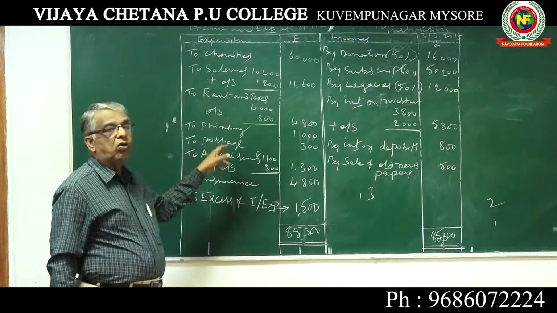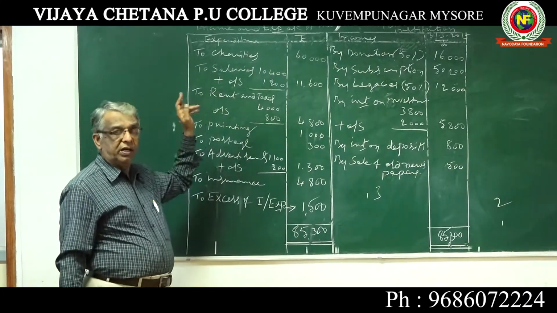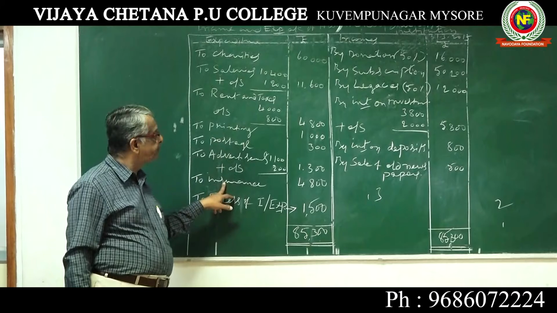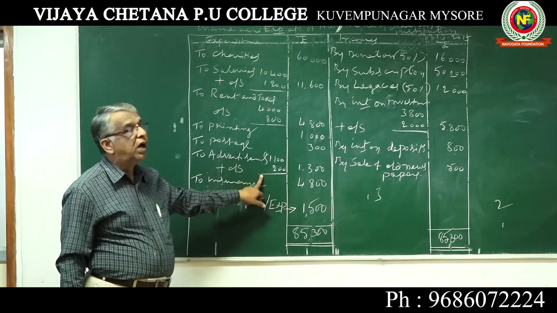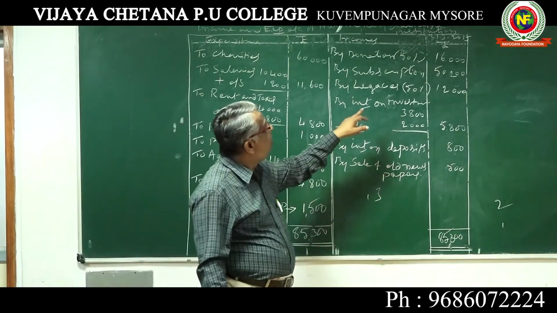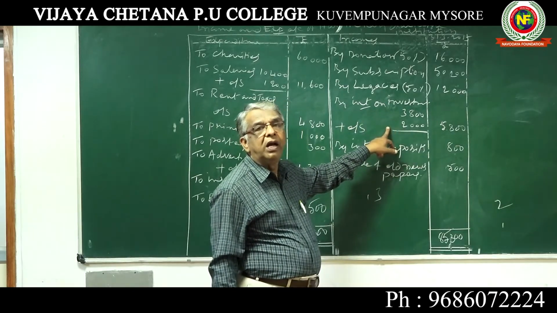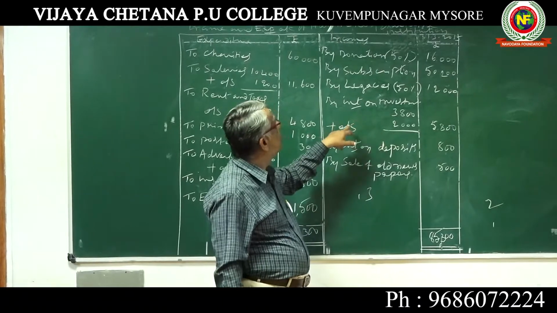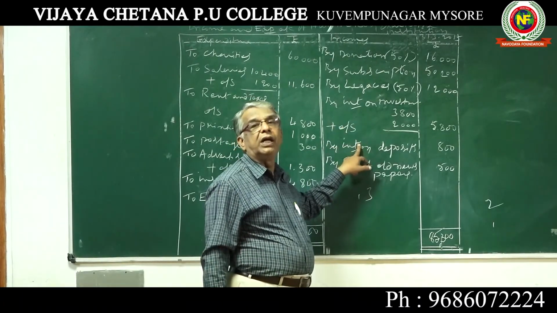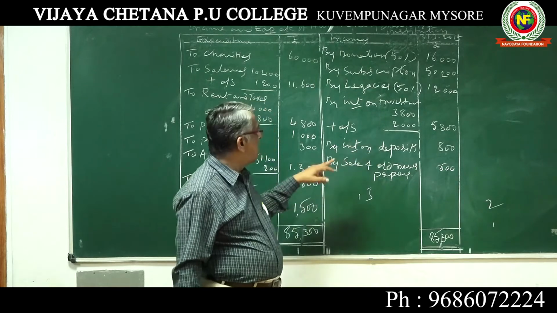I hope that all of you follow. All expenditure has to be shown in the debit side or expenditure side, and you have to take into account adjustments. Likewise, all incomes, whatever revenue income is received by the non-profit organization, have to be shown in the income side or credit side of an income and expenditure account.